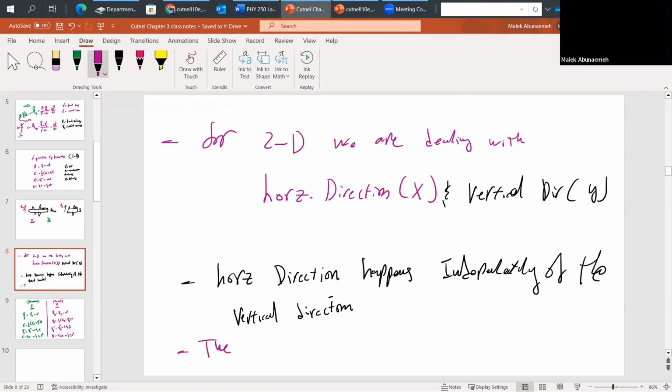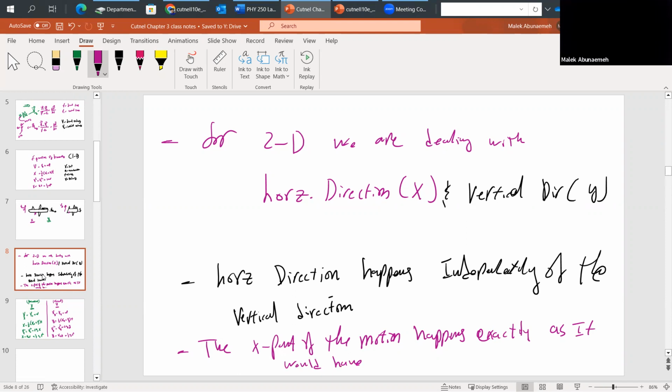That means the x part of the motion happens exactly as it would have if the y part did not happen.